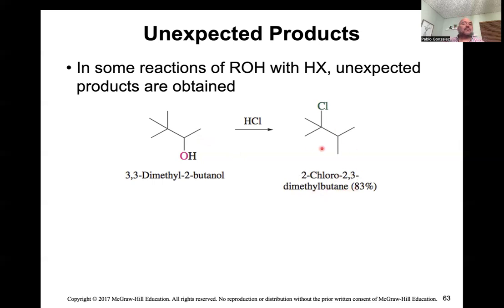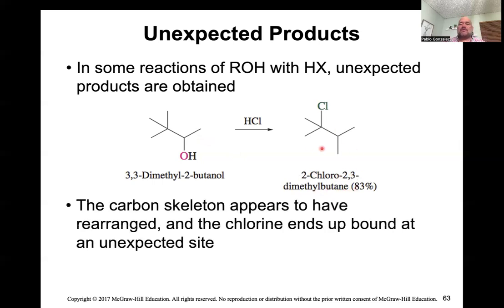So we can see that something happened here. We basically have a rearrangement of the molecule. Now we have two methyl groups on the same carbon, while before we had one methyl group and one hydroxide.